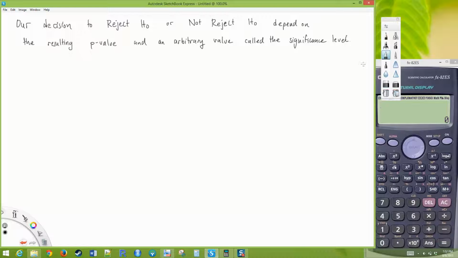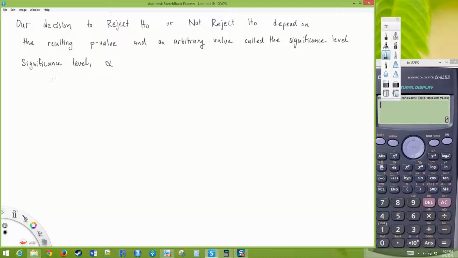The significance level, known as alpha, is what will decide whether our p-value is small enough for us to reject the null, or if the p-value is too big, that we do not reject the null.